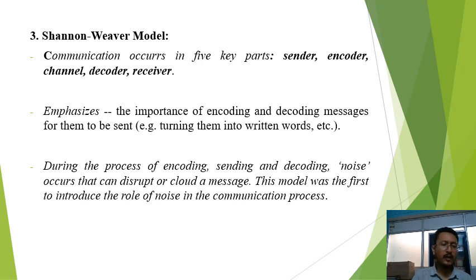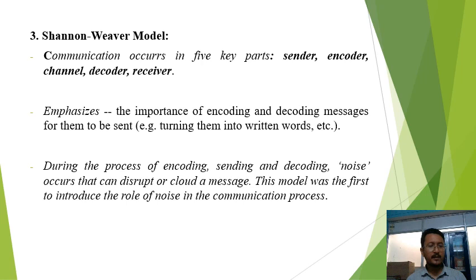So one unique thing that we have noticed here is there is an element of encoding and decoding, right? This is something new which we have seen compared to the other two linear communication process models, right? So what this model emphasizes is the importance of encoding and decoding the messages for them to be sent.